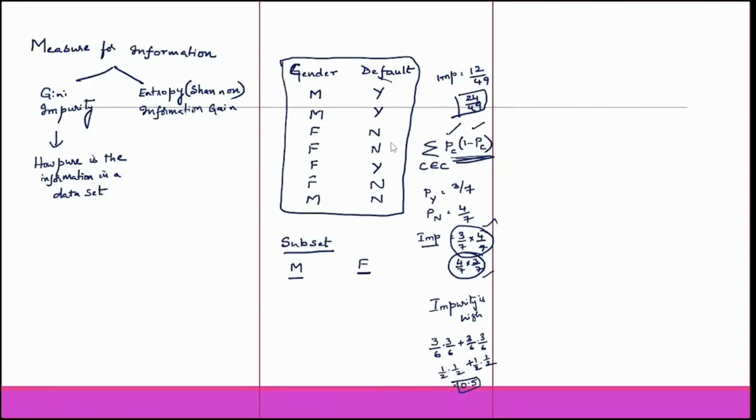But on the other end, if you find that the probability of yes is 0 and the probability of no is 1, what will happen?